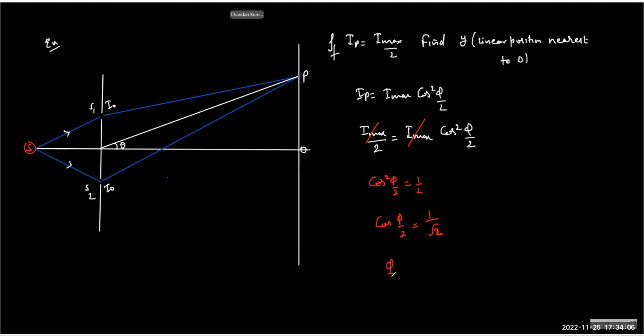And this is happening when this is 5 by 4. So how to get y? So phase difference is how much?